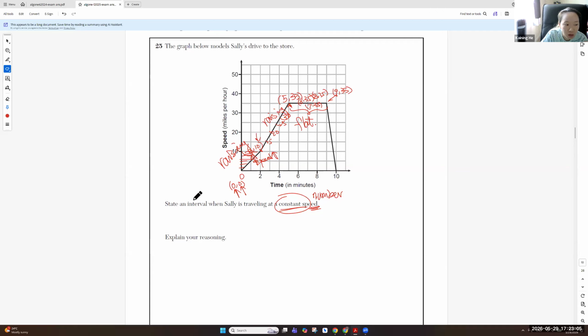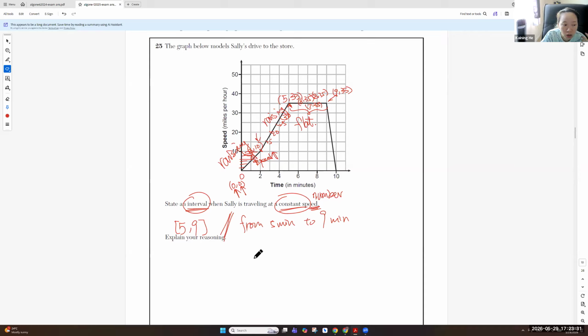For this specific interval, you can use interval notation, say bracket 5, 9, to say that it includes from 5 all the way to 9, or you can say it in English words, from 5 minutes to 9 minutes. So this is how you describe an interval. You can use math interval notation or English words.